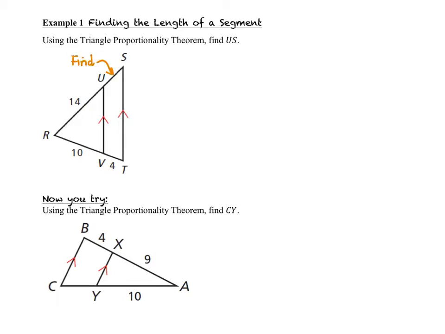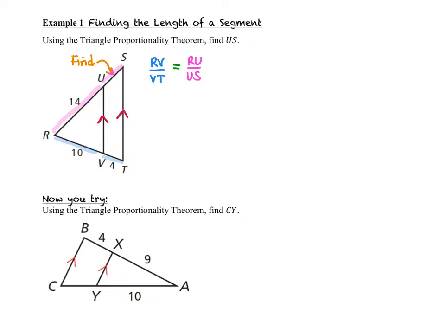Just as in the description of the triangle proportionality theorem, we have a segment that is parallel to one of the sides of our triangle. And that means that our triangle is cut proportionally. So RU is to US as RV is to VT. Let's set that up in a proportion.